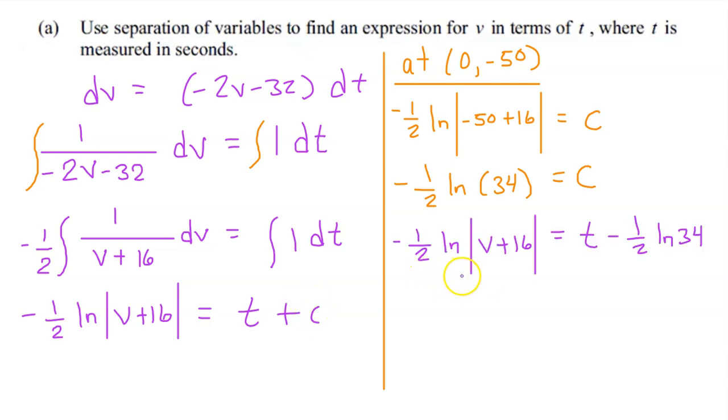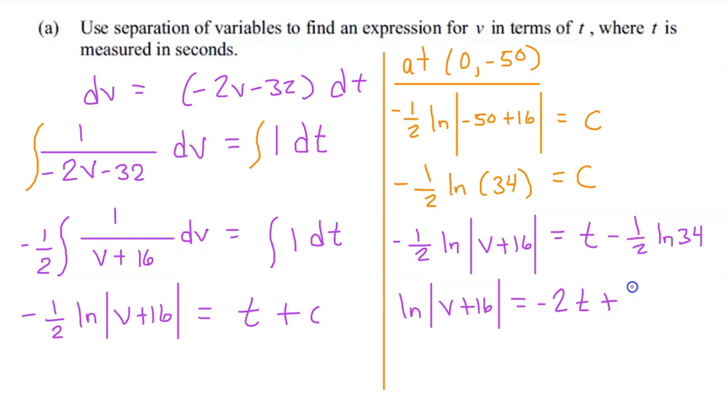Now we just need to use our algebra skills to get v by itself. Let's start by multiplying both sides of the equation by negative 2. So the negative 1/2 will cancel out, leaving behind the natural log of the absolute value of v plus 16 is equal to negative 2t, and this negative 1/2 will cancel out and become just a positive 1.